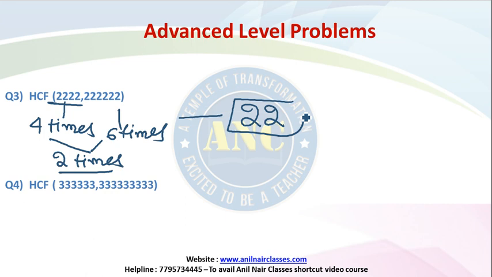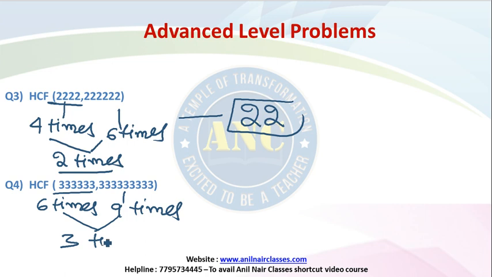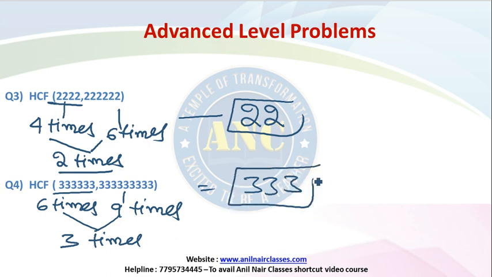Here 3 is written 6 times, and here 3 is written 9 times. What is the HCF of 6 and 9? 3. Some digit should be written 3 times. What is the digit that is repeated in the question? 3. The answer is 333. Finish. No need to go step by step.